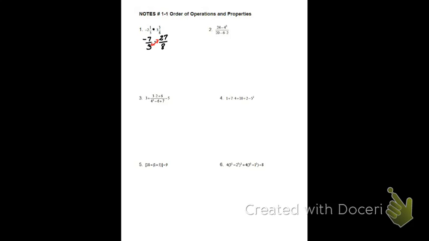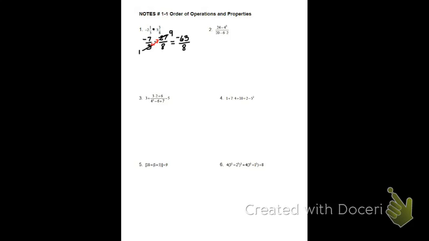Because 3 is a factor of 27, you actually can reduce before multiplication. This being 1 times 3 is 3, and 9 times 3 is 27. Therefore, this makes this a little bit smaller number in that negative 7 times 9 is negative 63, and 1 times 8 is 8.